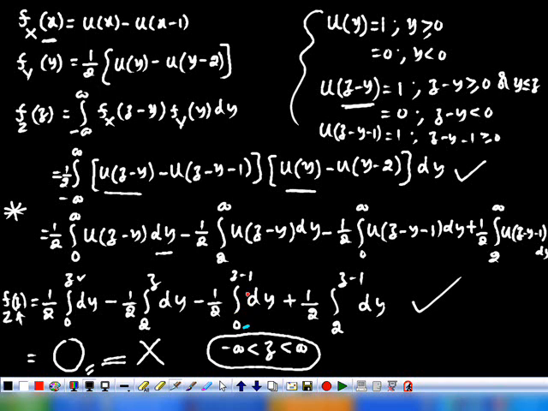Upper limit should be greater than the lower limit. But here the lower limit is 0, but z is less than 0. So therefore this integral is also 0. And see, we are starting at 2, but z is less than 0. Definitely this integral is also 0. So therefore fz of z is equivalent to 0 for z less than 0.